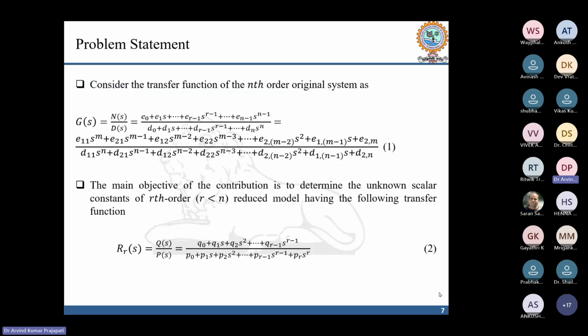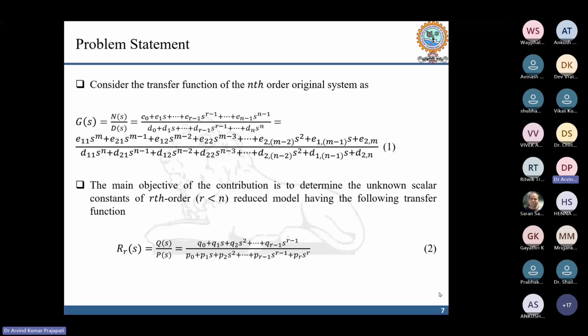So now we are going to see how to do model order reduction. For a linear system, we can do it either in transfer function form or in state space. For the transfer function, first we have to know the transfer function of the complicated or large scale system.